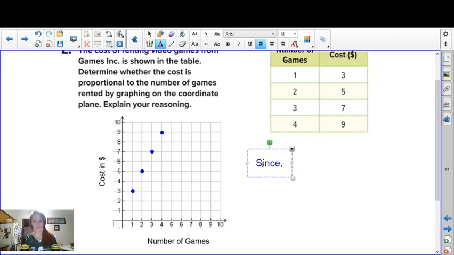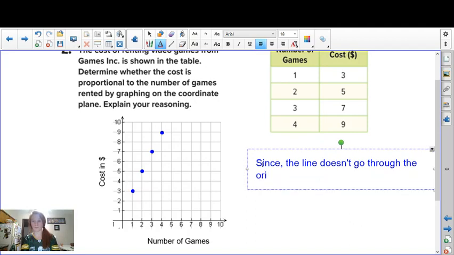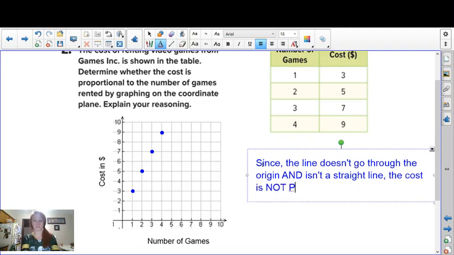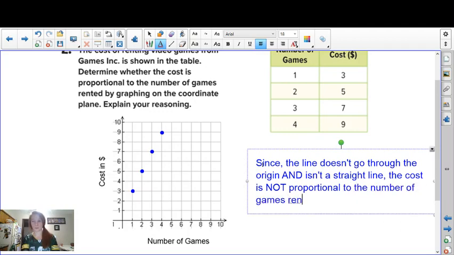So since the line doesn't go through the origin and isn't a straight line, the cost is not proportional to the number of games rented.